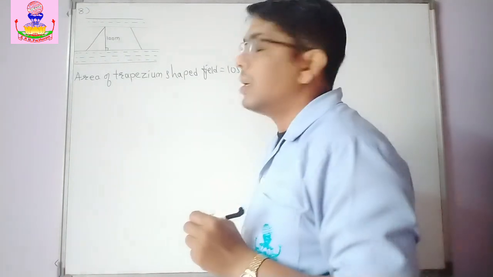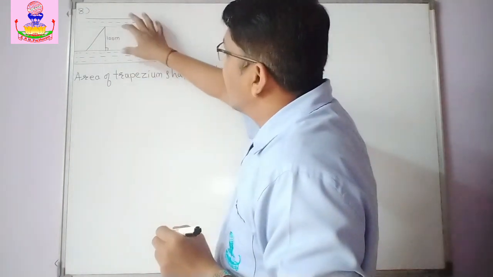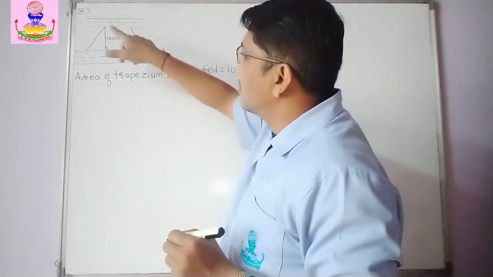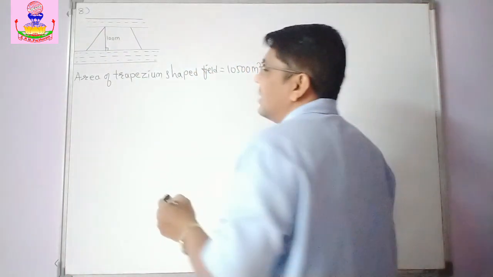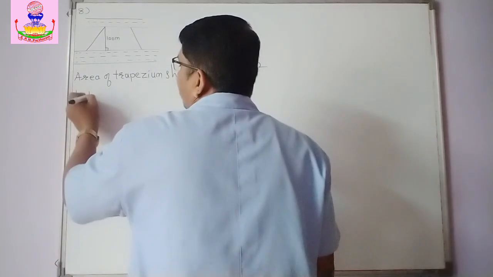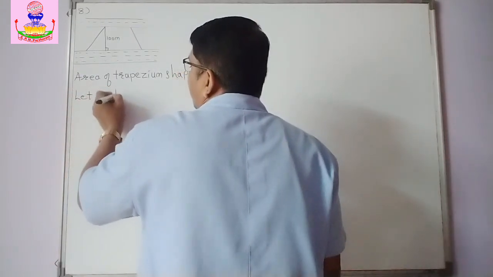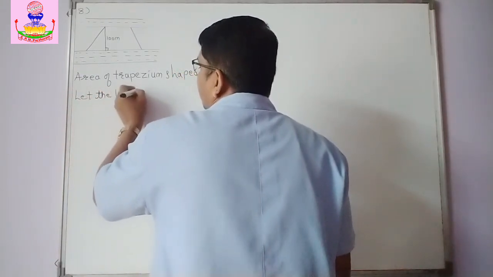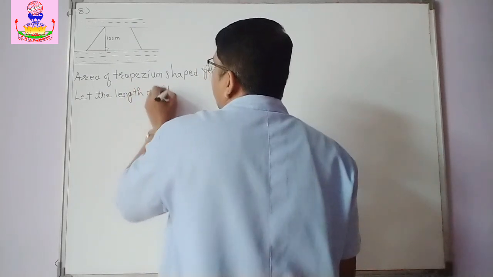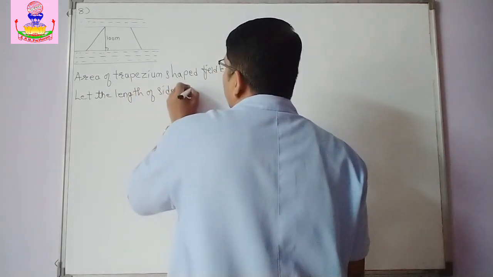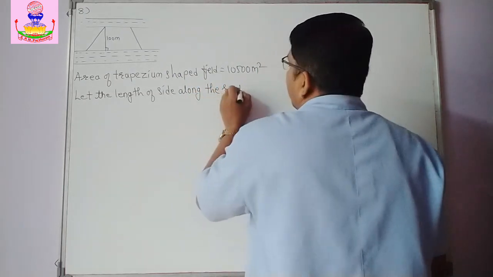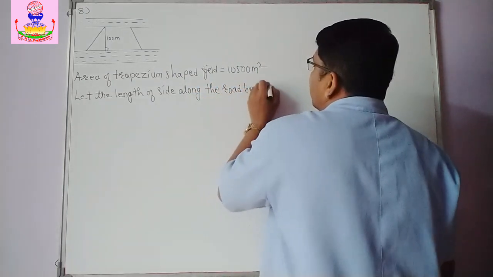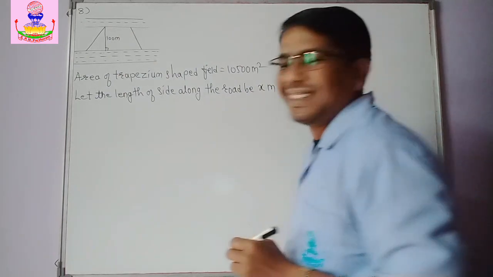Now here this is twice of this. So if I assume this as x, this will be 2x. So here we'll assume let the length of the side along the road be x meters.